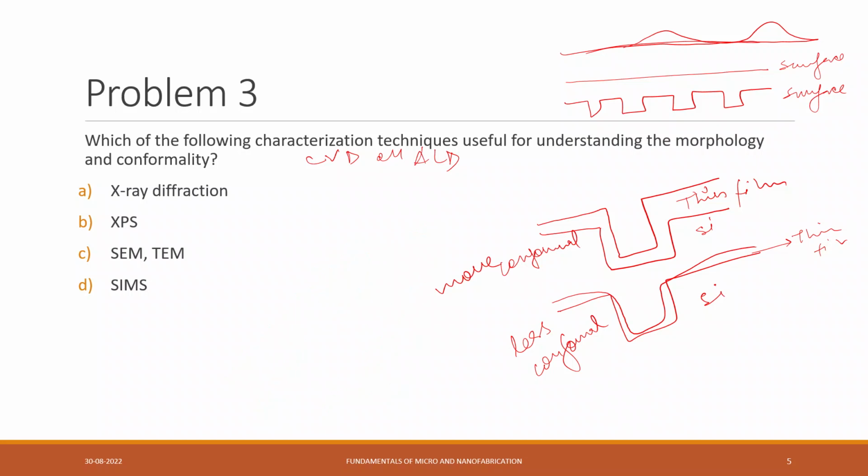Whenever we make anything, characterization is one of the important things. Synthesis is another thing, and we have to see how to characterize. Characterization means being sure that whatever feature or pattern we want has been achieved.